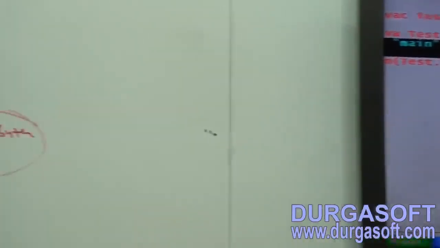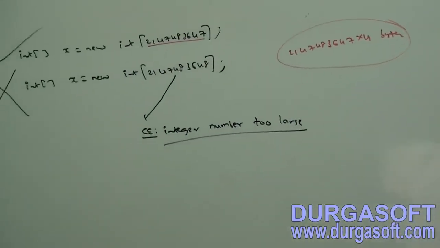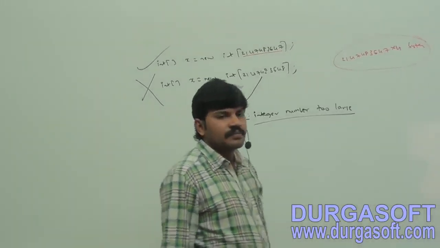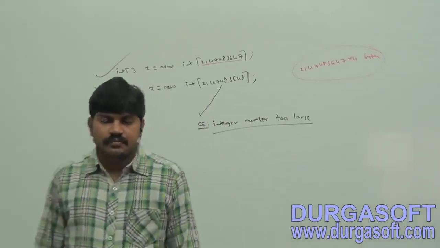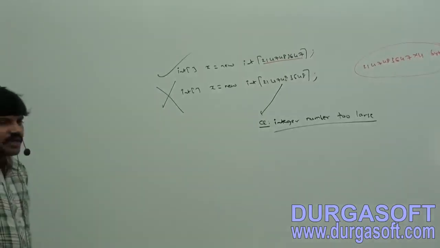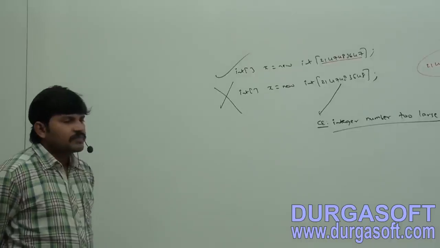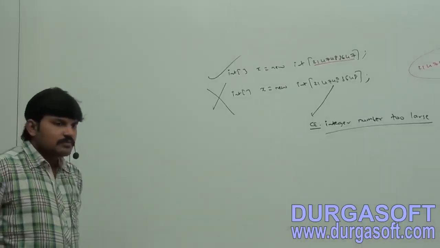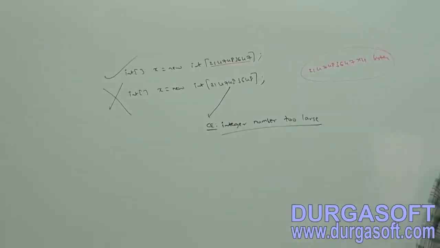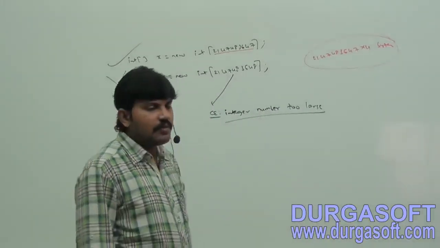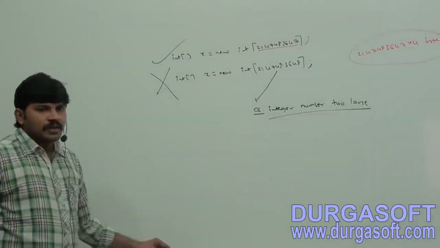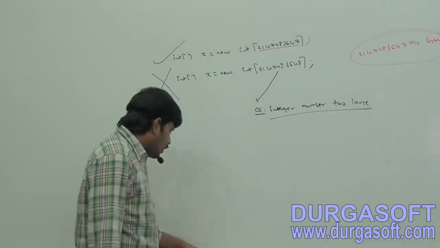Okay, take a note. The maximum allowed array size in Java is 2147483647, which is the maximum value of the int data type.